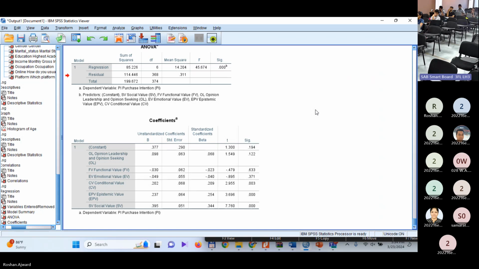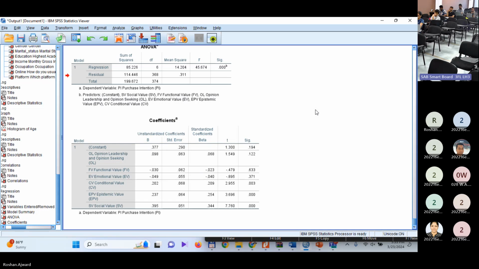So if you have to provide recommendations to the music app developers, what kind of things will you take? Talk only about things that are significant. You can say increase what? The conditional value.